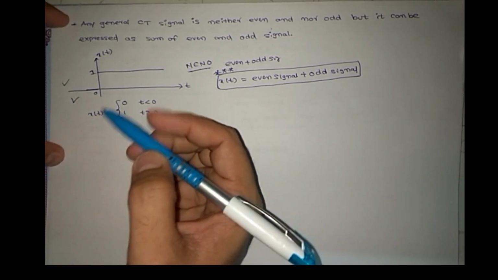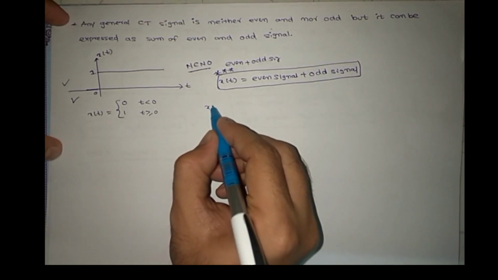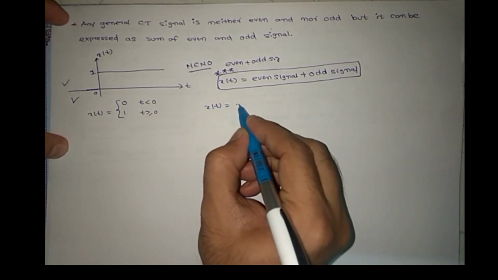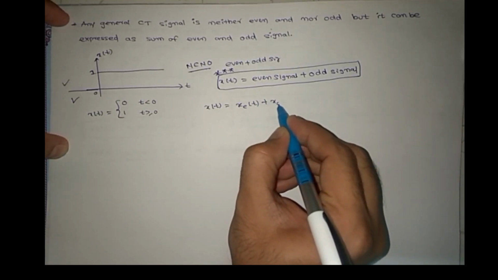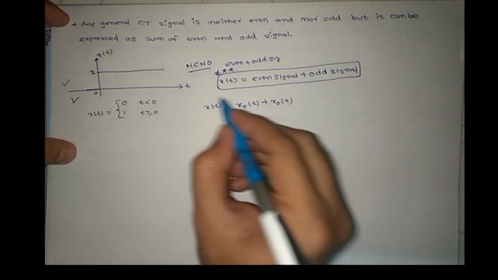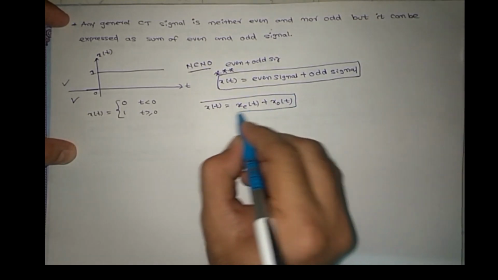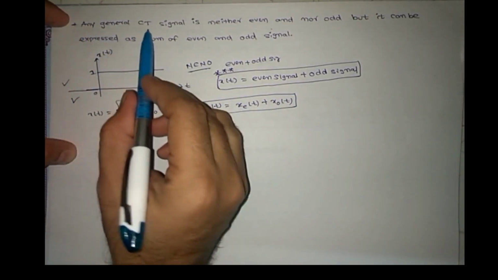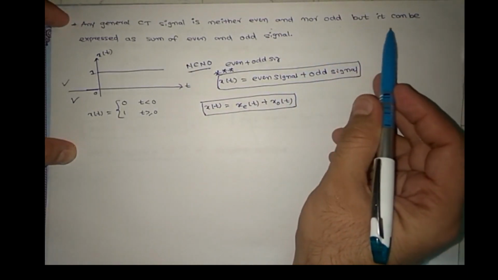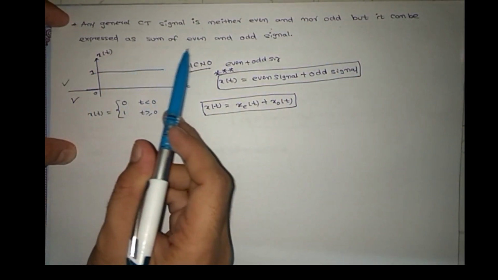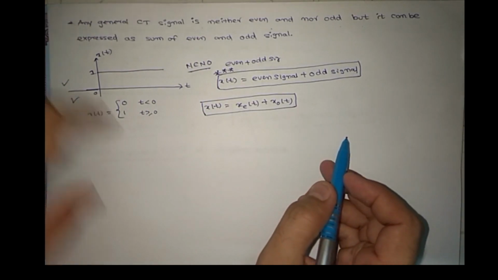Okay, so how will you find out? x of t, in this we have x even part of the signal plus x odd part of the signal, right? This is the definition given: any general continuous time signal that is neither even nor odd can be expressed as the sum of an even and an odd signal, right?